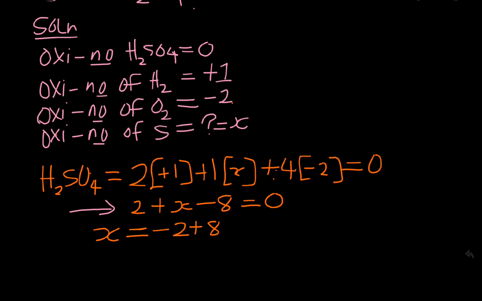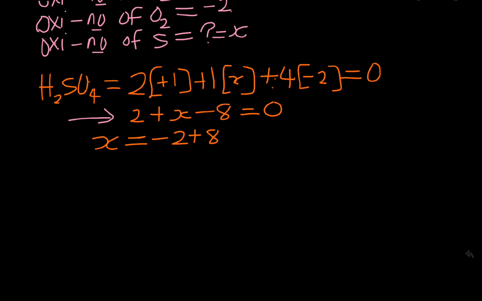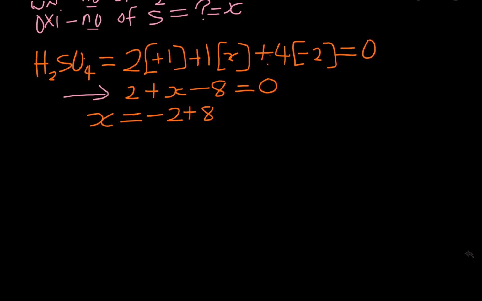There will be no need to write your 0 again. We'll have X equal to minus 2 plus 8. If you punch your calculator, minus 2 plus 8, you are going to have plus 6.